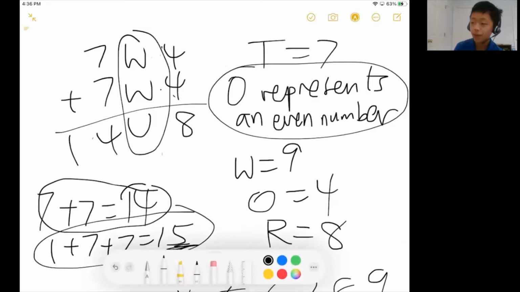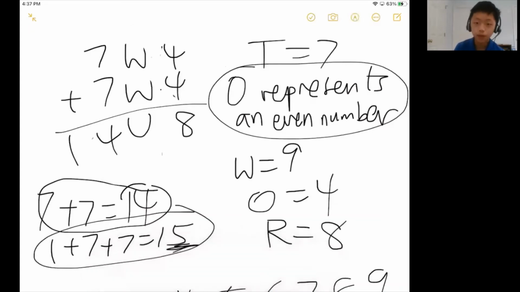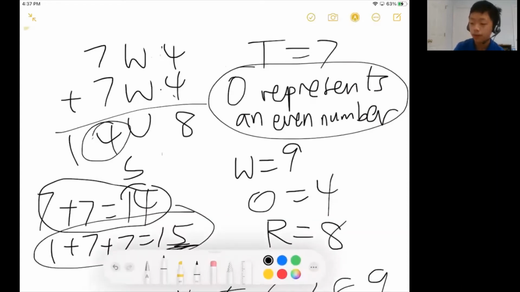If W is 9, for example, then 9 plus 9 is 18, we'd have to carry a 1. But in this column we already assumed there would be no carrying. So W has to be less than 5, because if W was greater than or equal to 5, then we would have to carry, and instead of 4, this would be a 5.